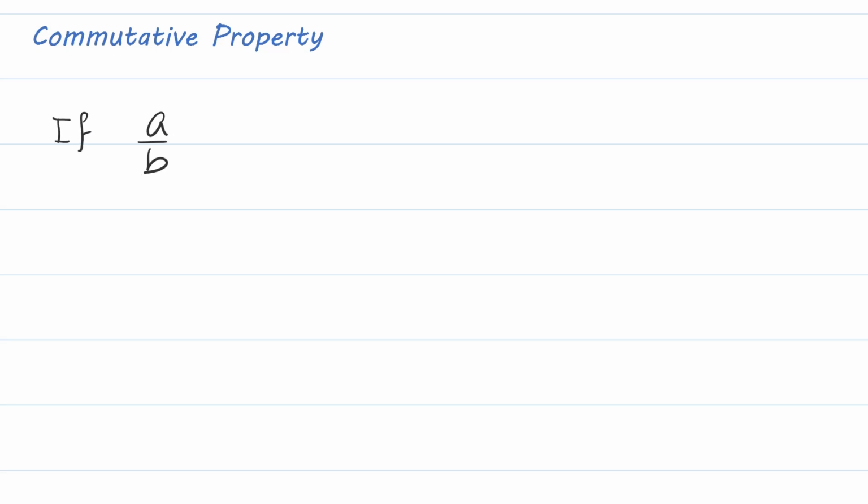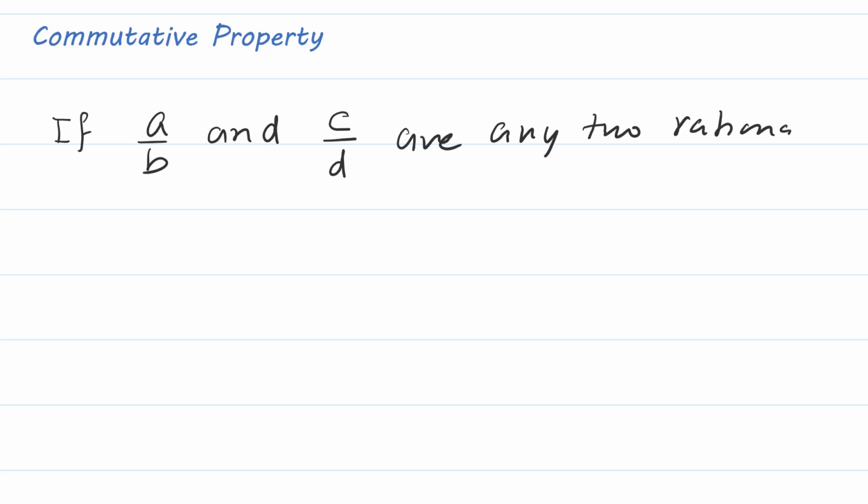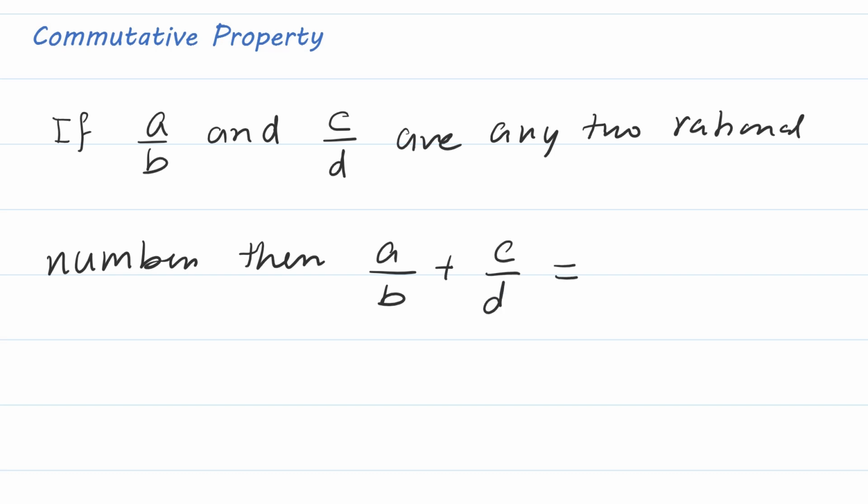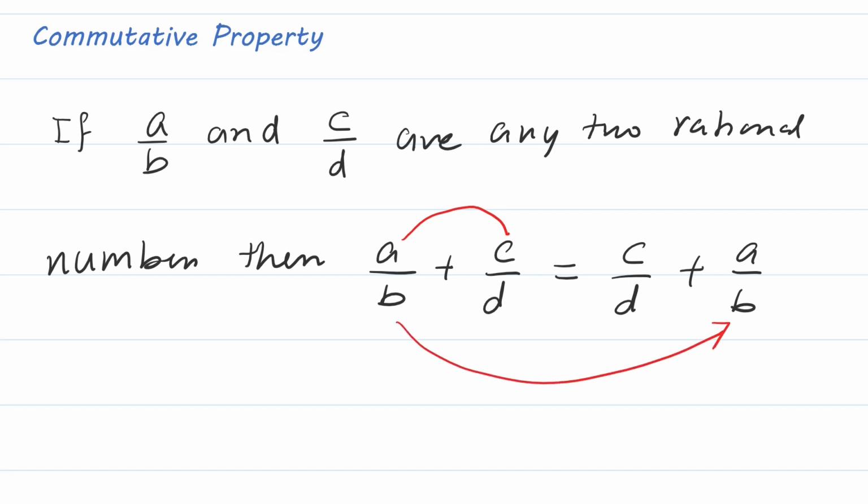If A upon B and C upon D are any two rational numbers, then A upon B plus C upon D is the same as C upon D plus A upon B. So we can change the order. First A upon B, here first C upon D.